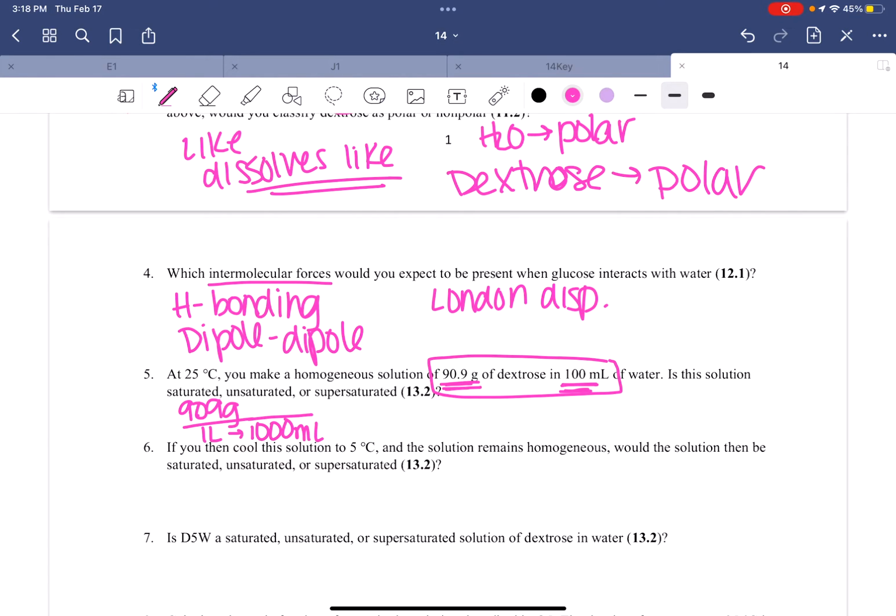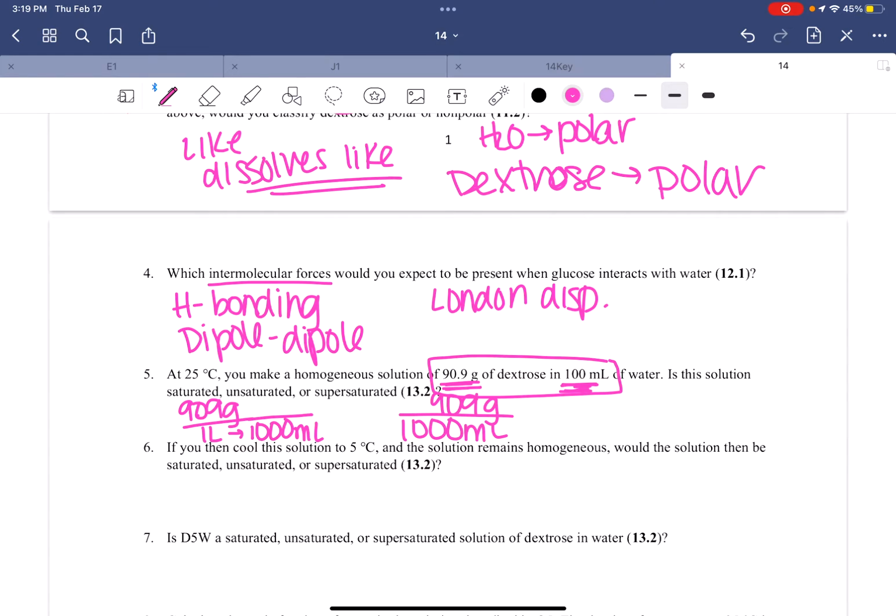So to convert a volume of 100 milliliters into 1,000 milliliters, we're going to multiply by a factor of 10. So that creates 1,000 milliliters. And then whatever we do to the bottom, we also want to do to the top. So we're going to multiply 90.9 grams by 10, and that's going to give 909 grams per 1,000 milliliters.